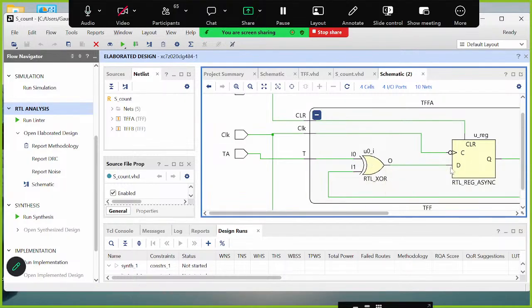Okay, so you can see over here, when you learned the conversion of flip-flops in your course, you learned to convert a D flip-flop to a T flip-flop. So it looks something like that. The output XORed with T will become a T flip-flop, right?